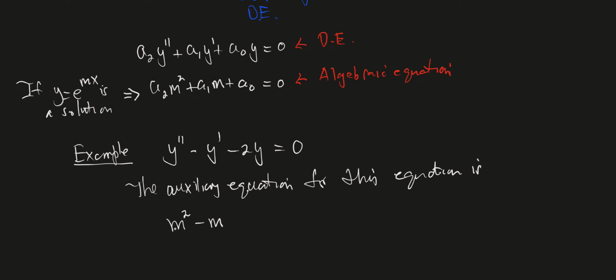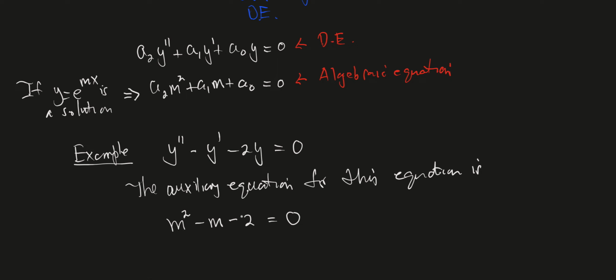The choice of the letter m is a little bit arbitrary. It doesn't have to be m. Other authors might use r, some might use different letters. But the pattern here is that this differential equation becomes a quadratic equation that looks like that.